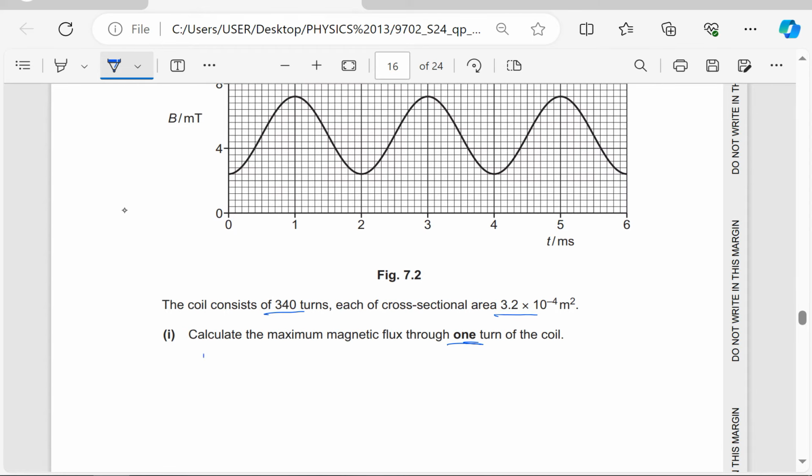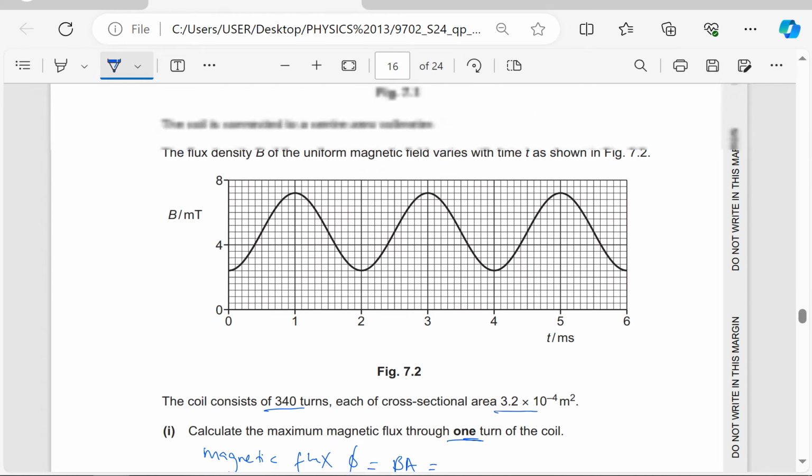So magnetic flux, I can call it phi, is of course going to be BA. Because it's just one turn, it is just BA. What is B?